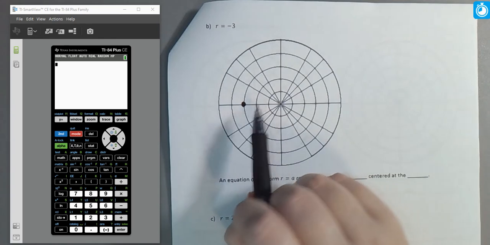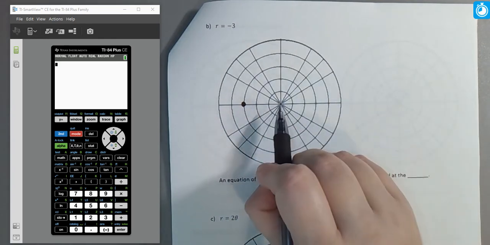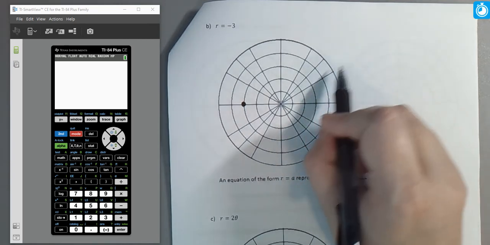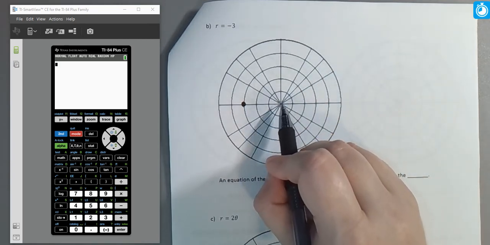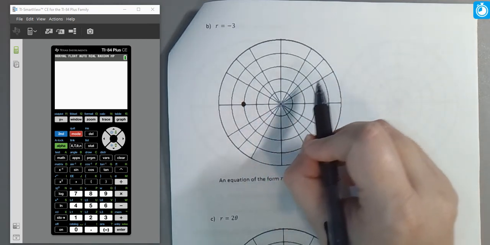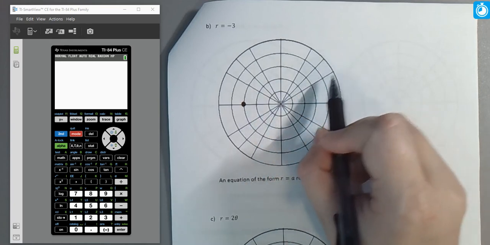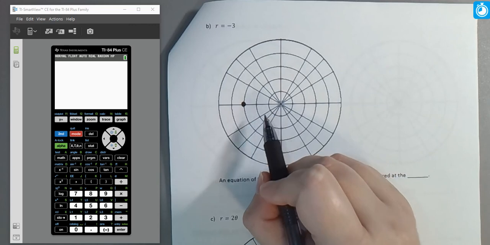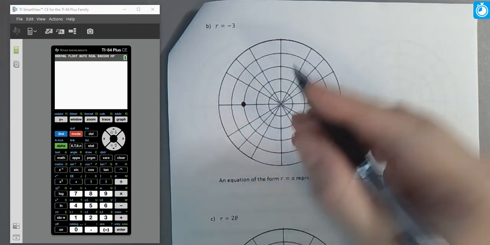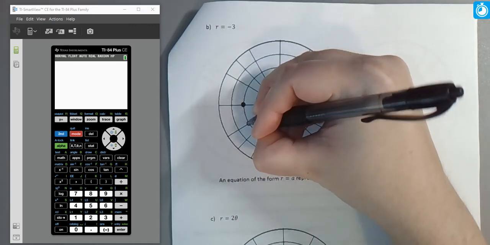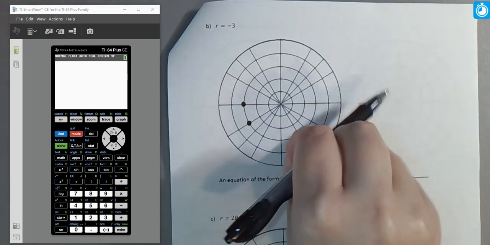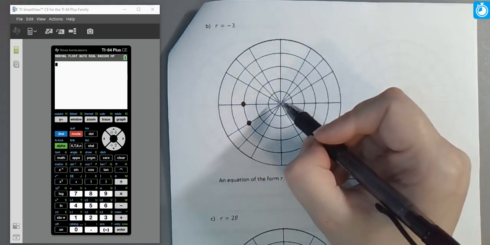Now, if we allow theta to increase, so suppose we go from theta equals 0 to theta equals pi over 6. R still has to be -3, which means if we're on the pi over 6 ray, but r is negative, we're going in the opposite direction, out to the third ring. So that would take us right here. Suppose we keep rotating and theta is pi over 4.